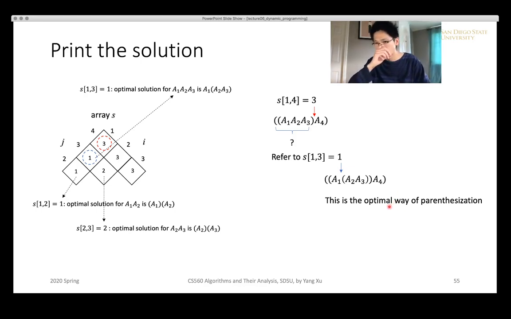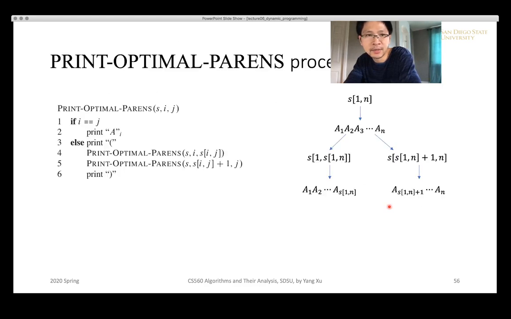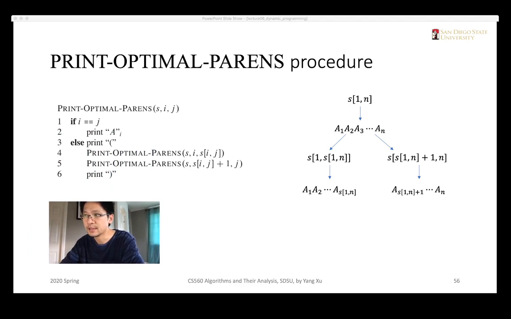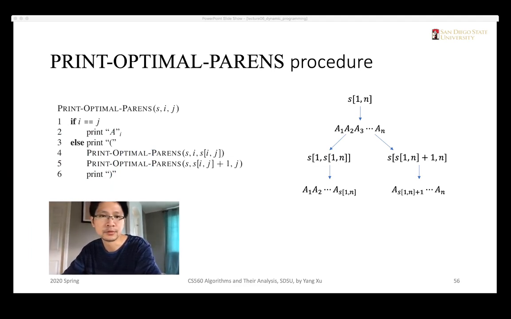Okay, and we can easily write some helper procedures in order to split the optimal solutions.